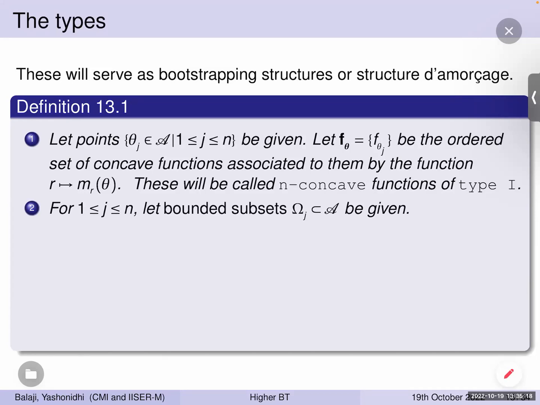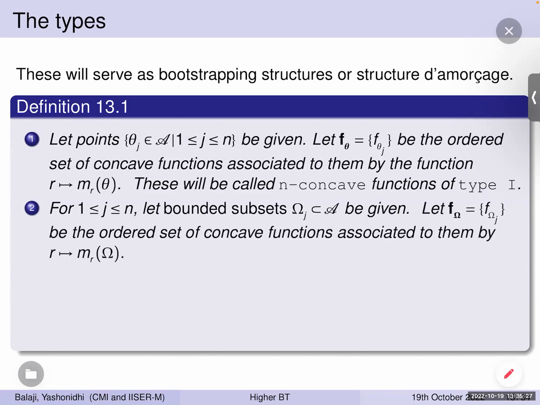For j between 1 and n, suppose we are given bounded subsets omega_j in the apartment. Let boldface F_omega be the ordered set of concave functions associated to these bounded regions omega_j by the association r goes to m_r omega.